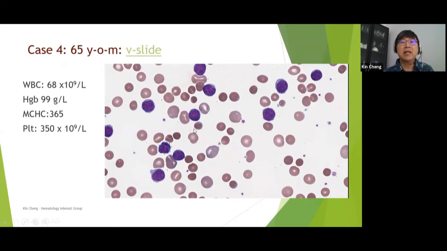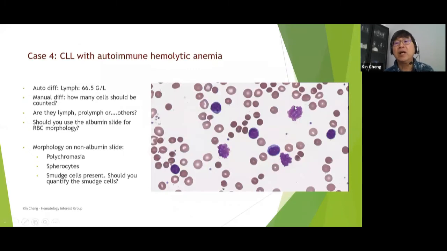When you look at this slide, it's very similar to the previous slide. Lots of mononuclear cells, small cells, lots of what look like lymphocytes. But again, don't be distracted by the obvious. This guy is a 65-year-old. And you look, there are also smudge cells as well.